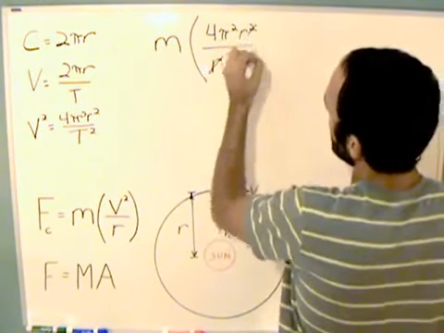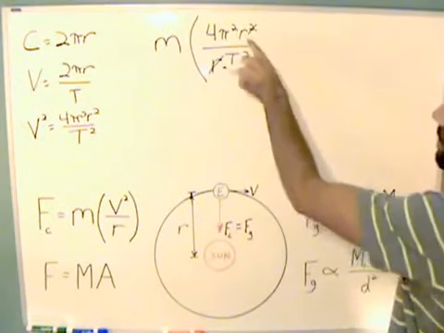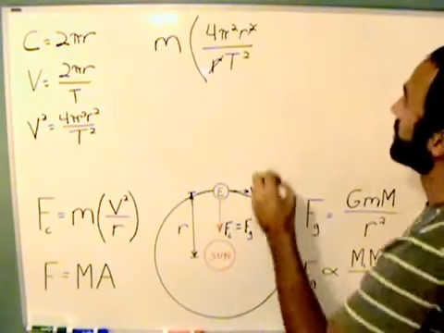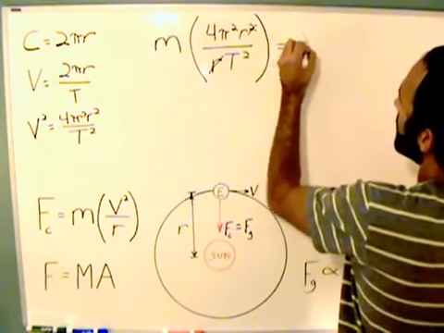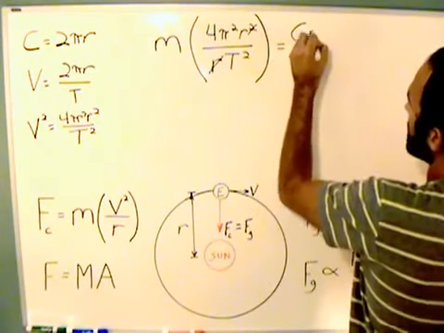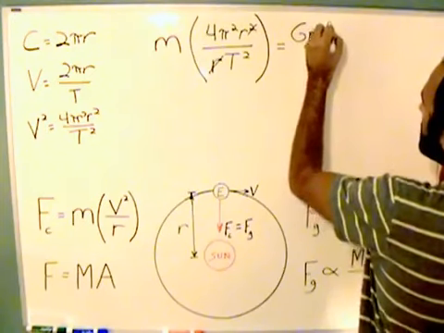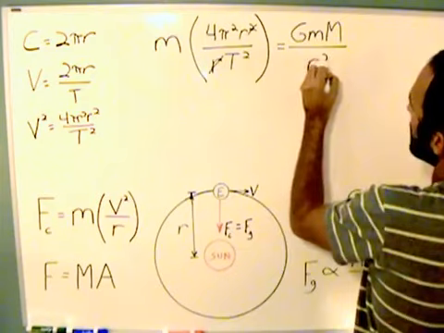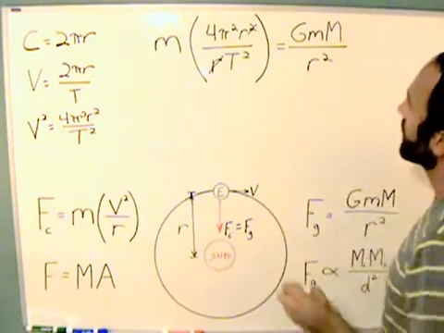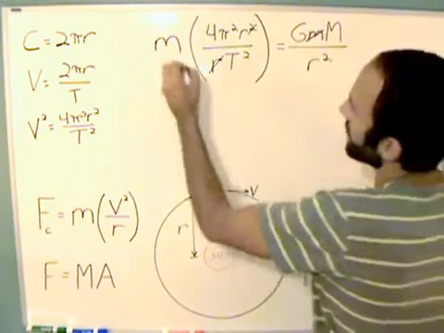This r cancels and that r cancels, so you get 4 pi squared r over the period squared, or big T squared. Okay? And then set that equal to big G times little m times big M, mass of the Sun, divided by r squared. Okay? Now, mass cancels again.